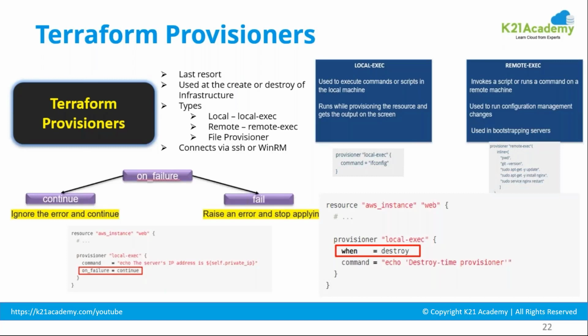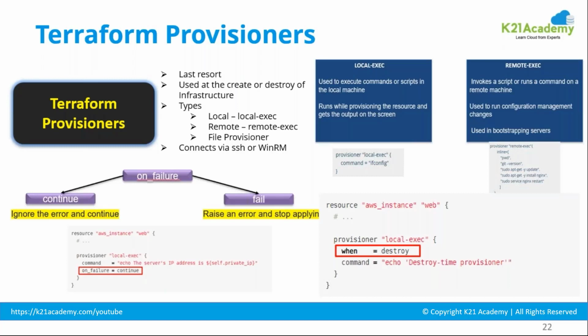Provisioners are used to manage or configure your infrastructure post provisioning. We discussed local exec, remote exec, and file provisioners, three types of provisioners. But remember, if the provisioner you're using is remote, you must connect via SSH or via WinRM, for a Linux or a Windows machine respectively.